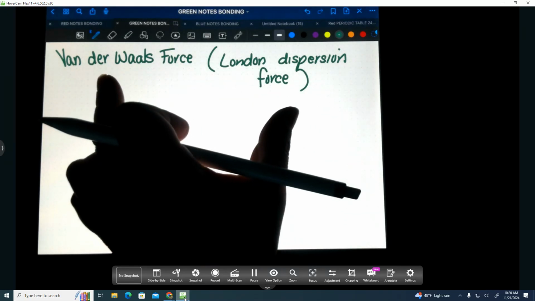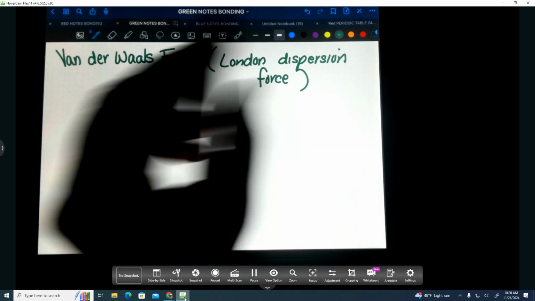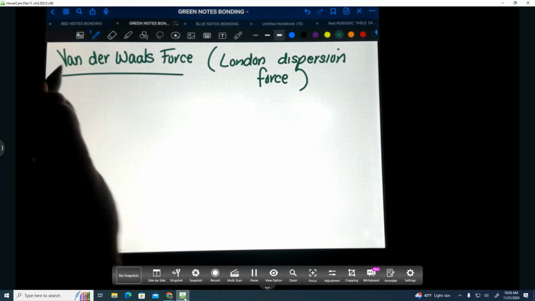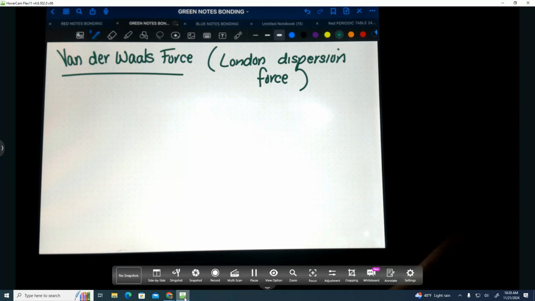These are exactly the same. Okay. The Regents will call it a van der Waals force. That's what they'll call it. But some questions that I'm going to give you, we're going to call it London dispersion forces. They're the same. Don't get confused.